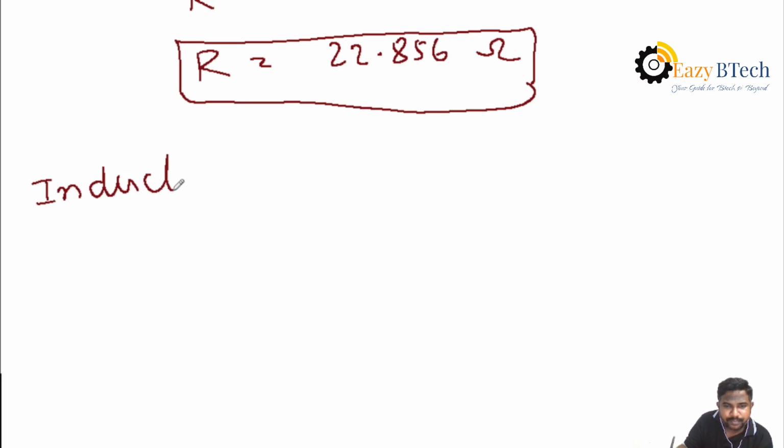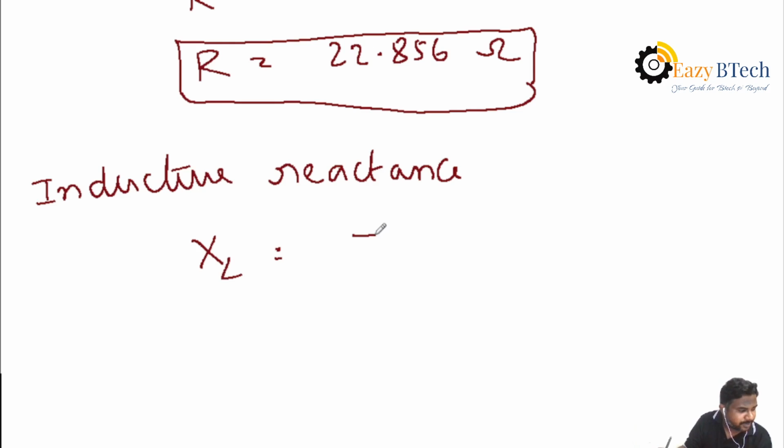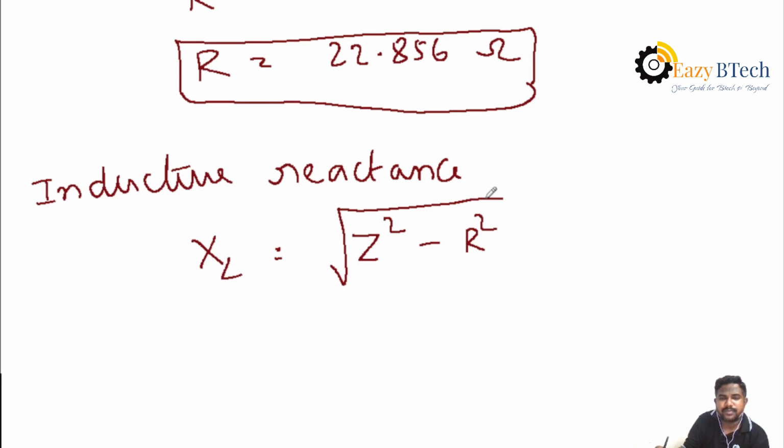We know the total impedance value and the resistance value. From that, we have to find the total reactance.